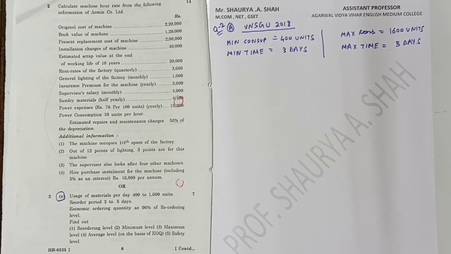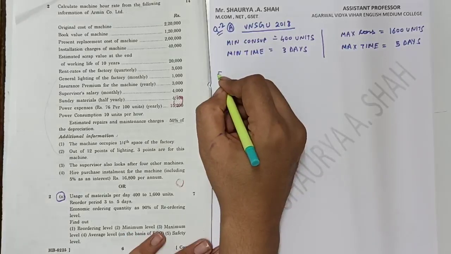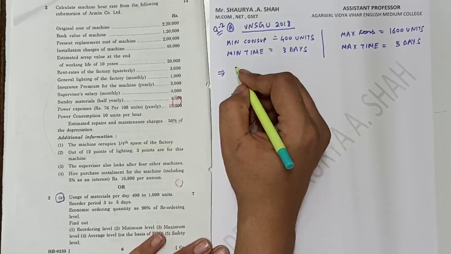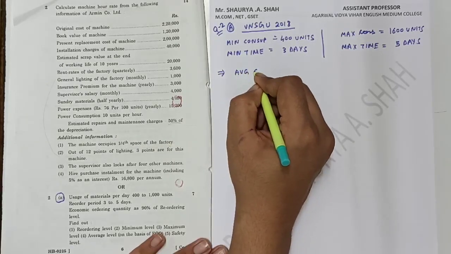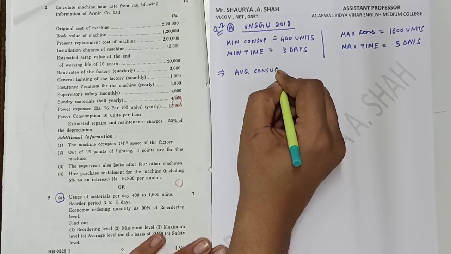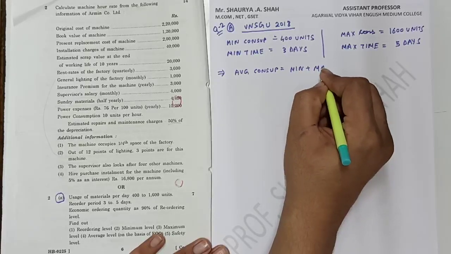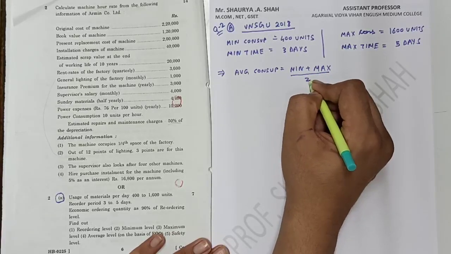Again, for the formula I require average time and average consumption, right? So I'll find out average time and average consumption also, then we can easily start with the formulas in the sum, right? So average consumption, first we will find out what is average consumption, students. It is minimum plus maximum divided by 2.